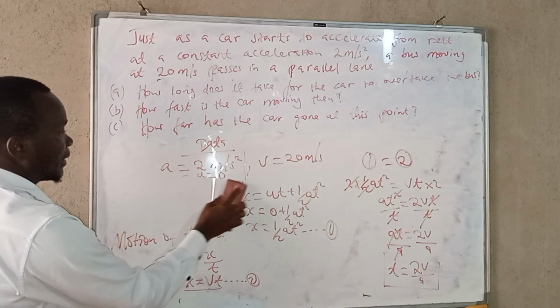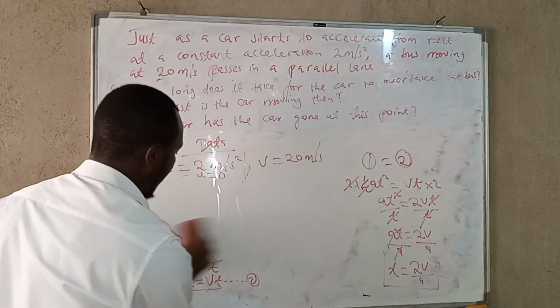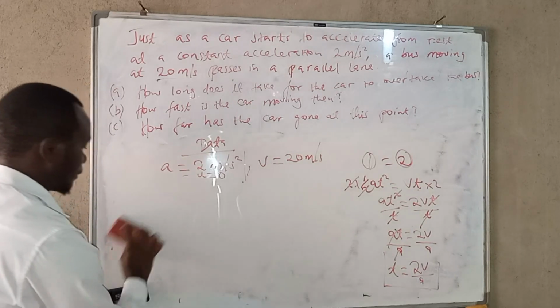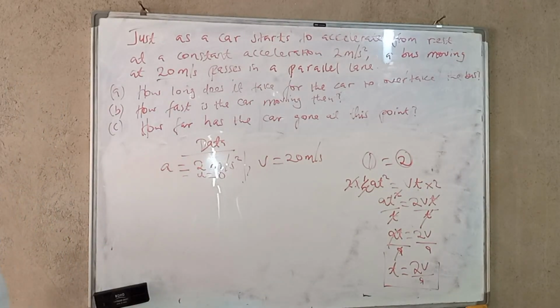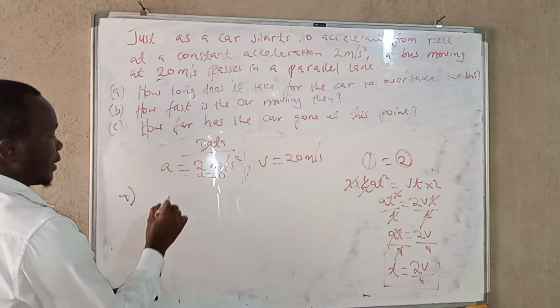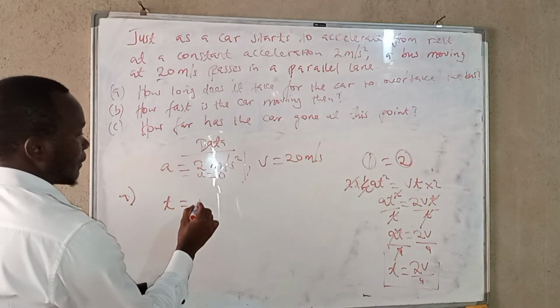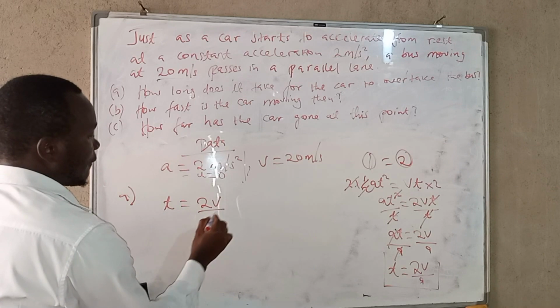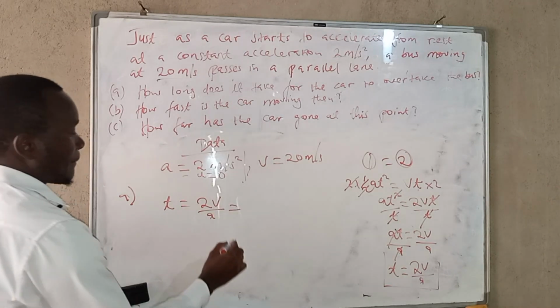So for A, we have t is equal to 2v over a.